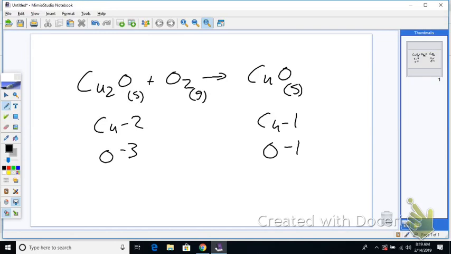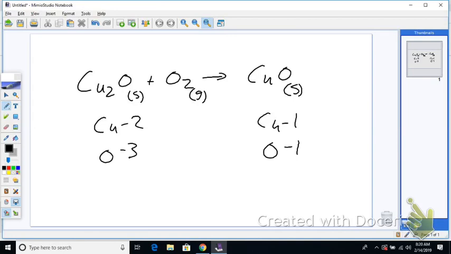So, if you notice, this one's going to be pretty easy to manipulate, the CuO, for the number of oxygens, because you can put any number in front of this, and it just multiplies that by that number. So if you put a 2 there, that's 2. You put a 3 there, that's 3, and so on and so forth. So the left side's what you're probably going to have to focus on.